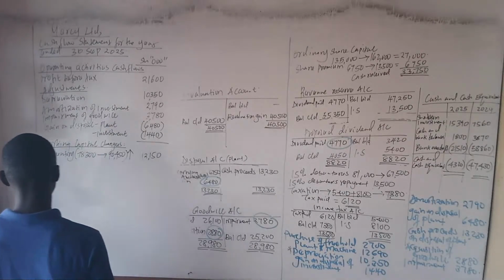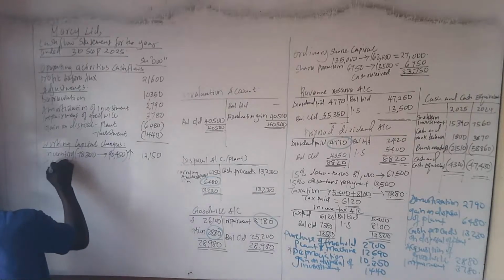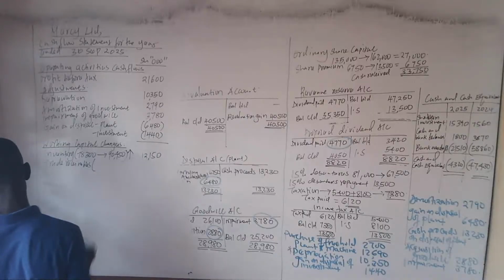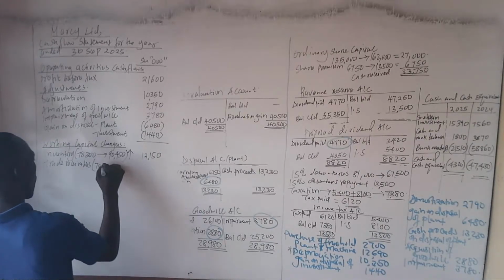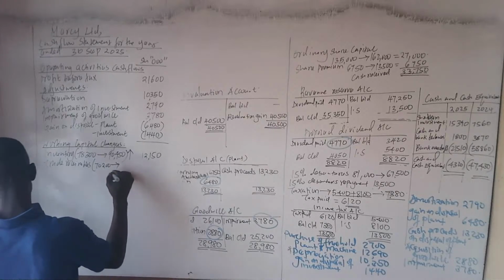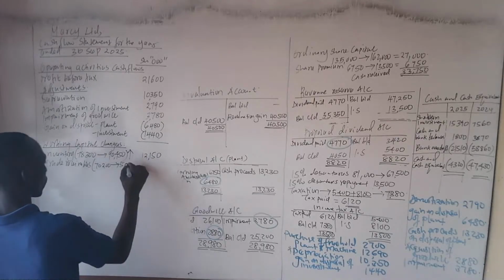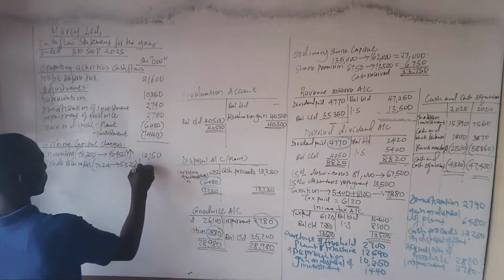Then we go to the next one, which is trade receivables. Trade receivables at the beginning, you can see we had 70,200. At the end, we have 55,260, meaning that our receivables have decreased.